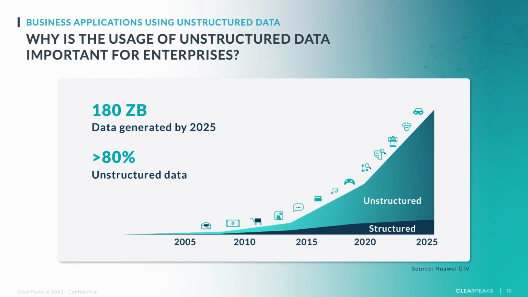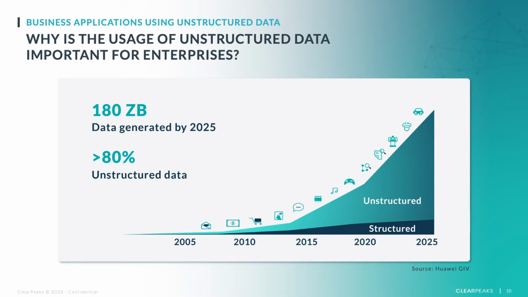But why is the usage of unstructured data important for enterprises? Digital applications are expected to break through previous boundaries in the next 5 to 10 years. With the boom of internet traffic and also the migration from 4G to 5G, data volumes to be stored will increase from 32 zettabytes in 2018 to 180 zettabytes expected in 2025.